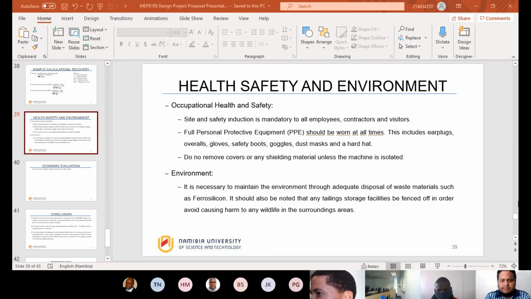So environmental studies or feasibility studies should be carried out properly to make sure that the way we found the area should be maintained, or rather sustained, so that in terms of the waste management aspect, we do not destroy the inhabitants that are living there. We are looking at fauna and flora.